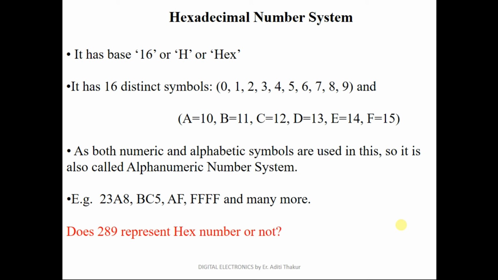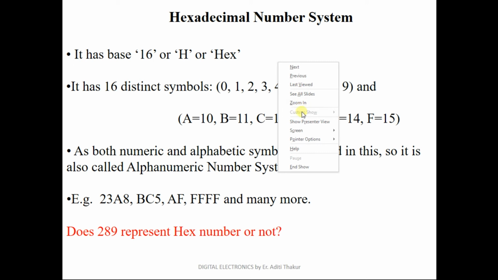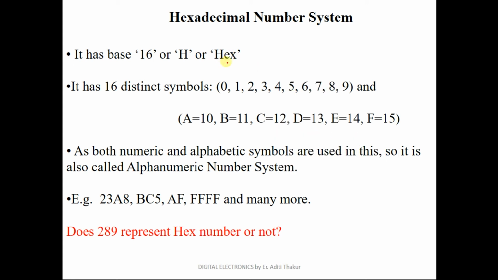The hexadecimal number system has a base of 16 and can be represented by H or HEX. It has 16 distinct symbols because it has base 16.